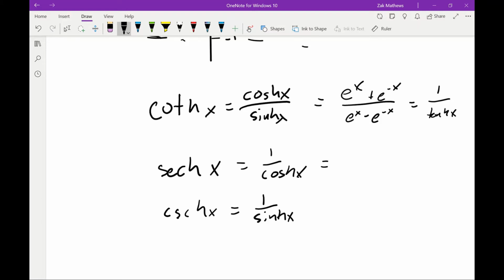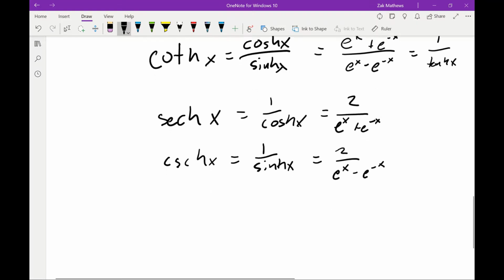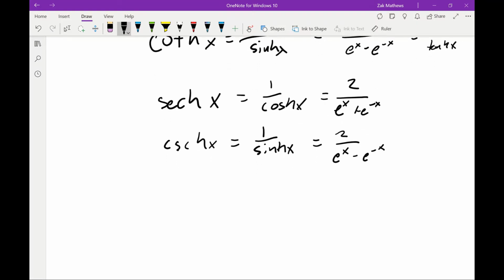The sech function is simply 1 over the cosh, so that is equal to 2 over e to the x plus e to the negative x. And then the cosech, because it was the minus case, we'd have 2 over e to the x minus e to the negative x. So we're noticing a lot of the same identities, or a lot of the same properties for these hyperbolic functions as we saw for just the trig functions.